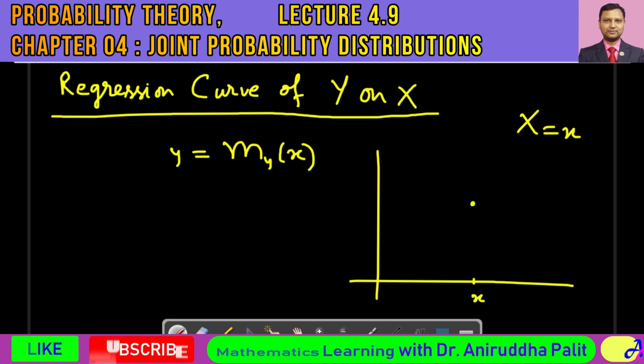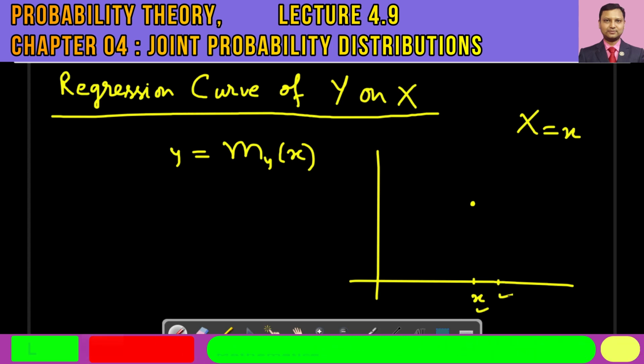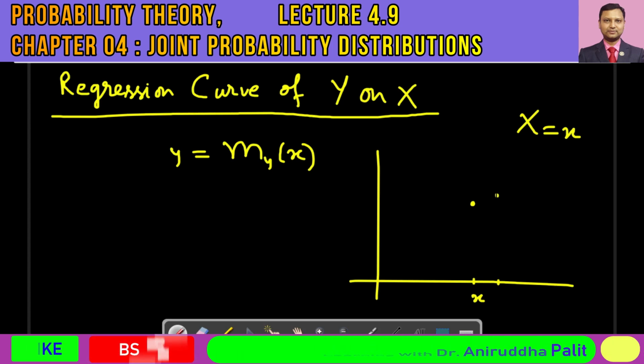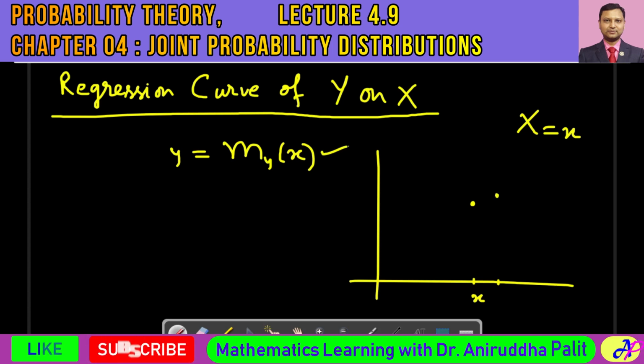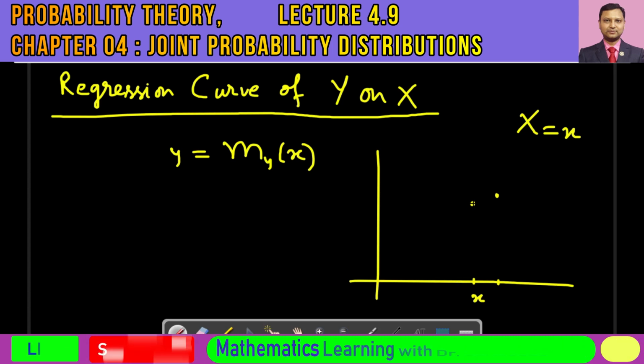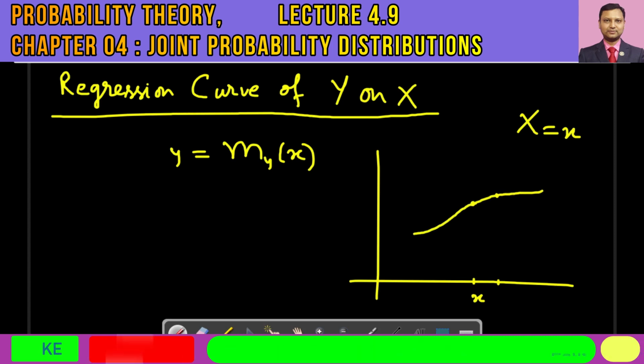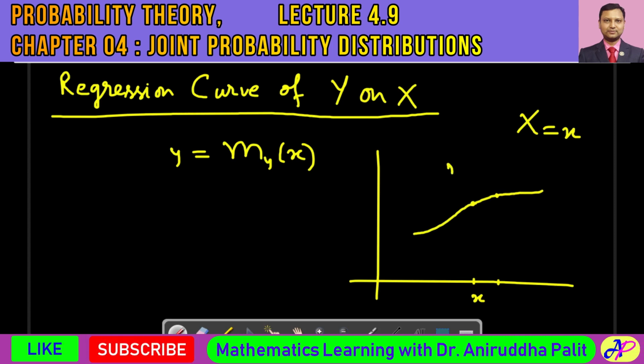Now if we change this x from this position to this position, it might happen that the value of m y of x is changing, and so for different values of x we will get a curve, and this curve is actually the curve of this m y of x. This is called the regression curve of y on x.